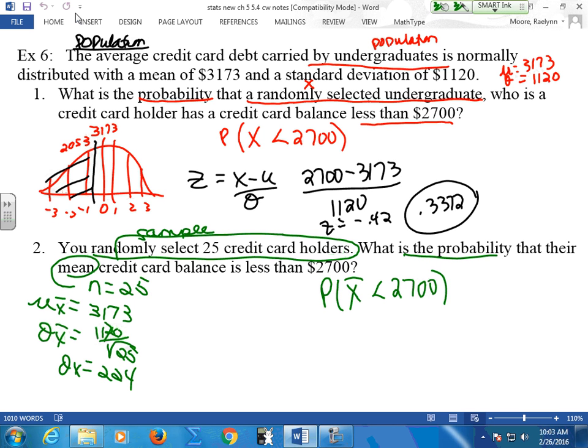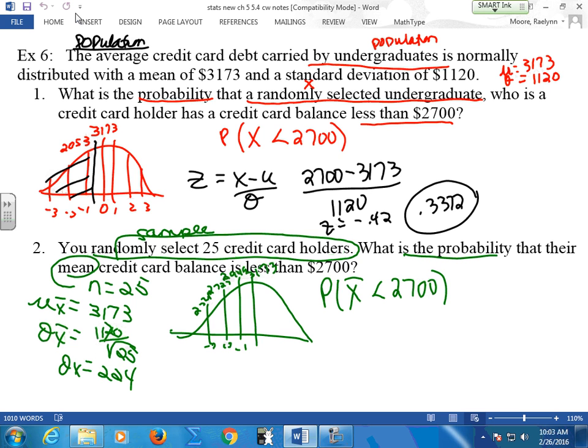Now, if I draw this curve, I still got the same mean. That's not changing. But now, if I go down here, and I go down, this gives me 224. I get 2949, 2725, and 2501.